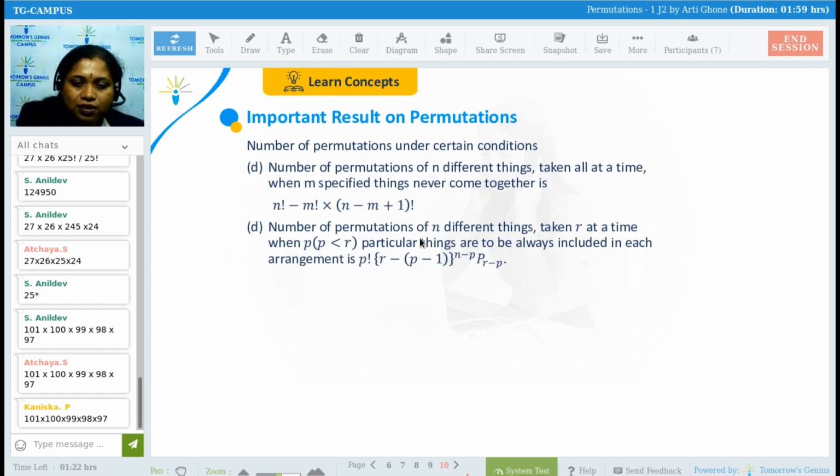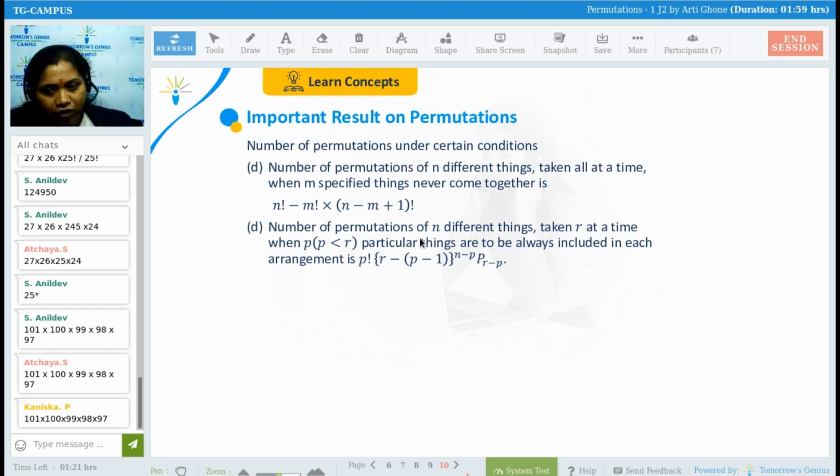Clear? Then next is when m specified things never come together. We want the arrangement of the letters of a word such that vowels will not come together, and we have 4 vowels, so my m value is 4. So vowels never come together. If the case is like this, never coming together, you can easily use this formula for permutation. Clear?